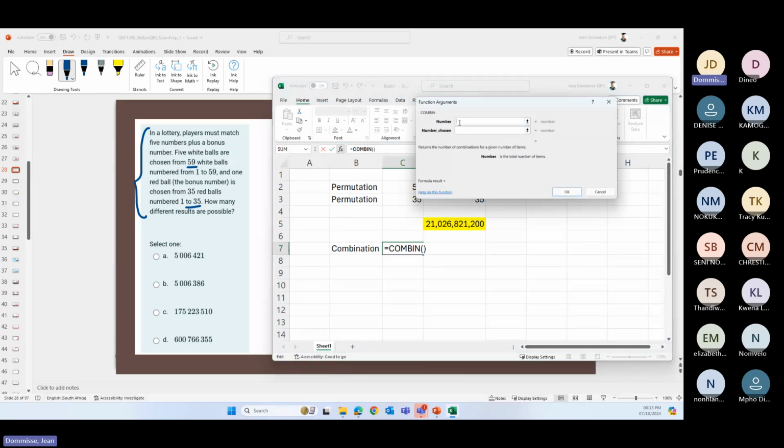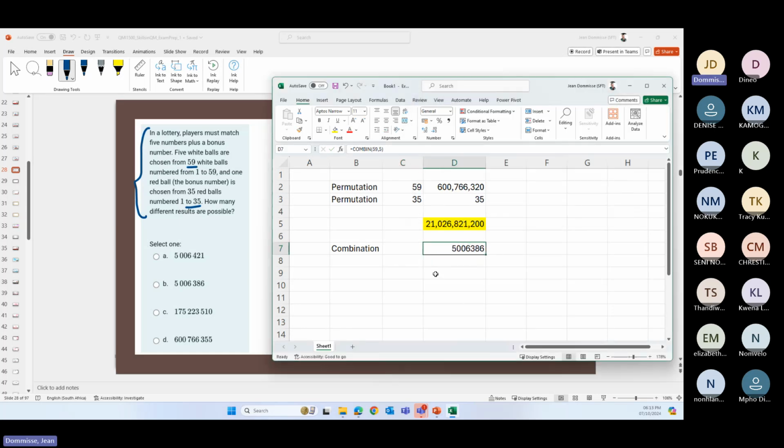Okay, so it is important, because now check if we say combination for those two. So combination of the 59 and combination of the 35. So there already one can see there's one of the answers coming through, but then we need the combination of 35.